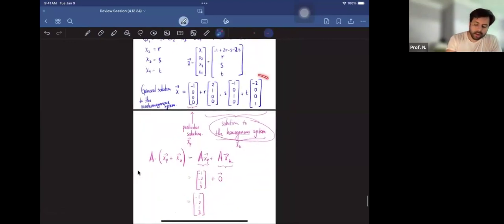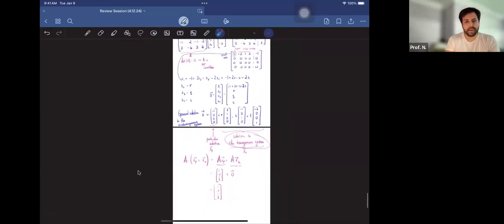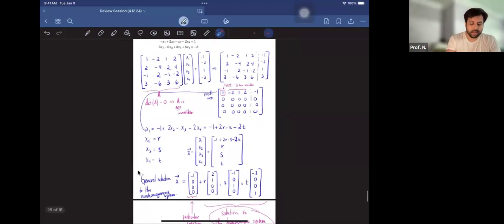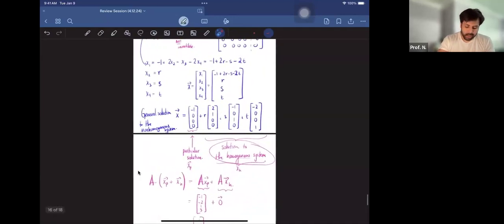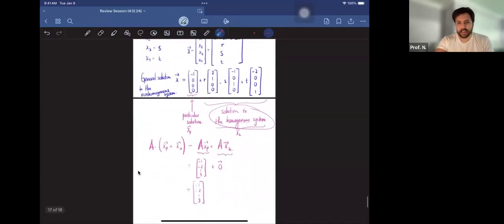So this guy here always gets mapped to 0 when you multiply by that matrix A. This portion of my general solution always gets mapped to 0 because that represents the solution to the homogeneous system. And I just realized that the solution is also wrong, so I have to update that as well.